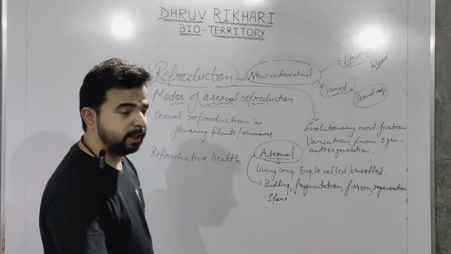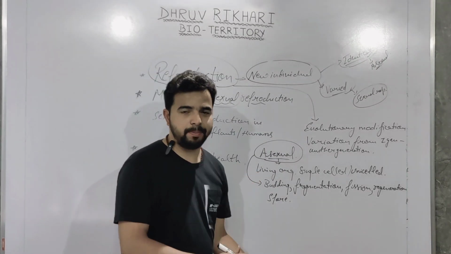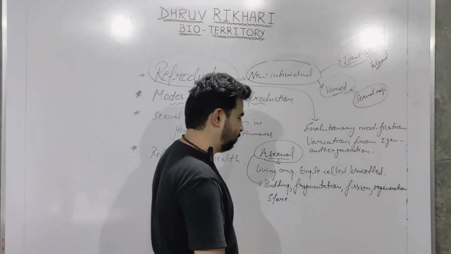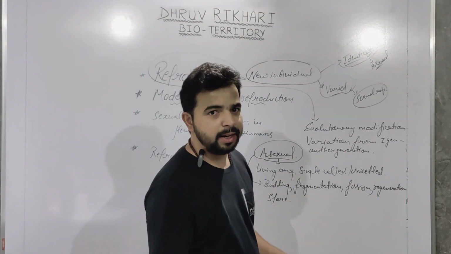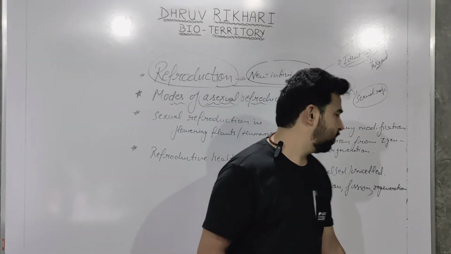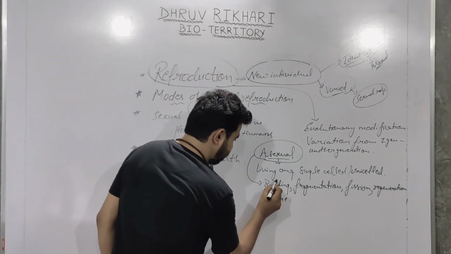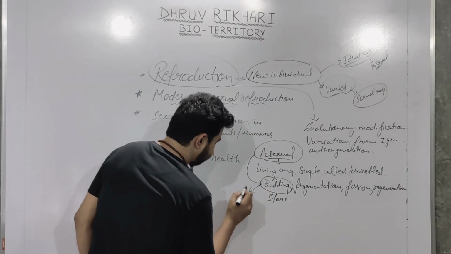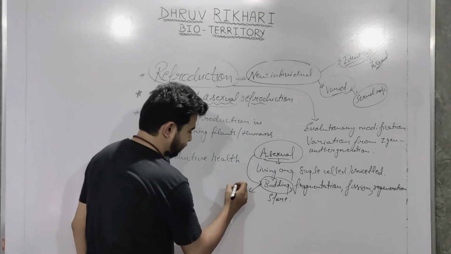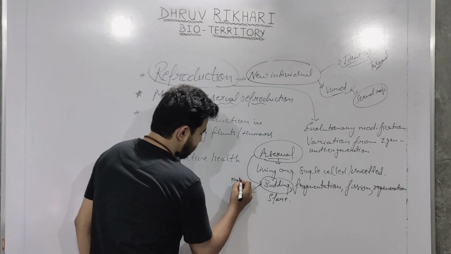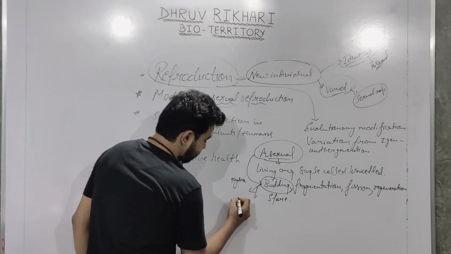These are the methods of asexual reproduction taking place in different simple living organisms. Budding takes place in Hydra or yeast.